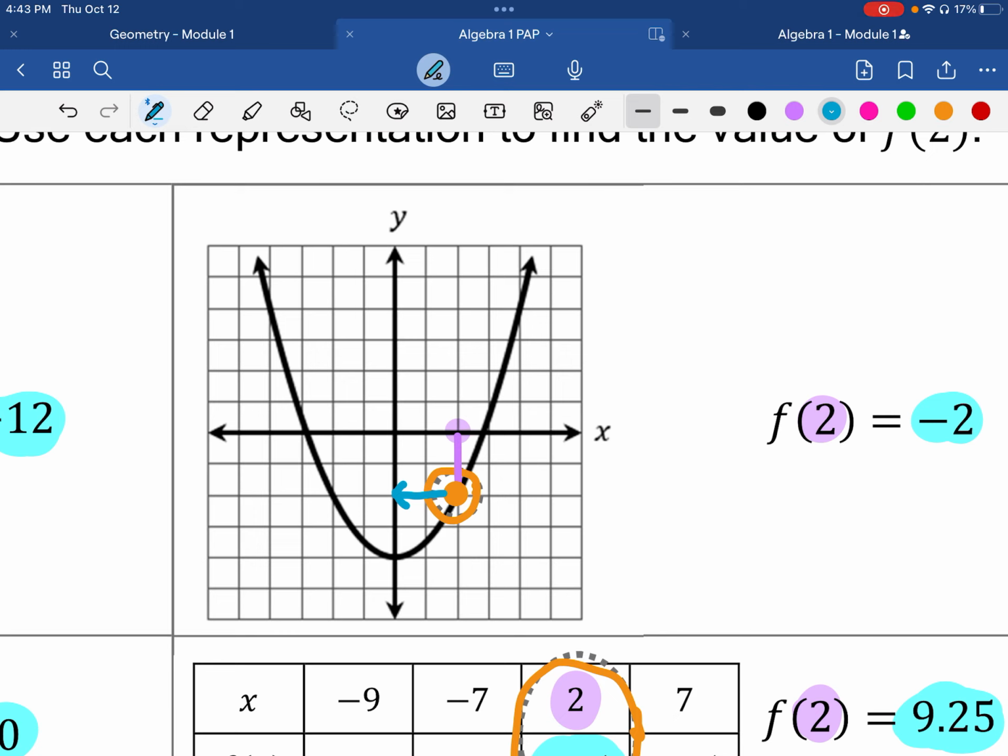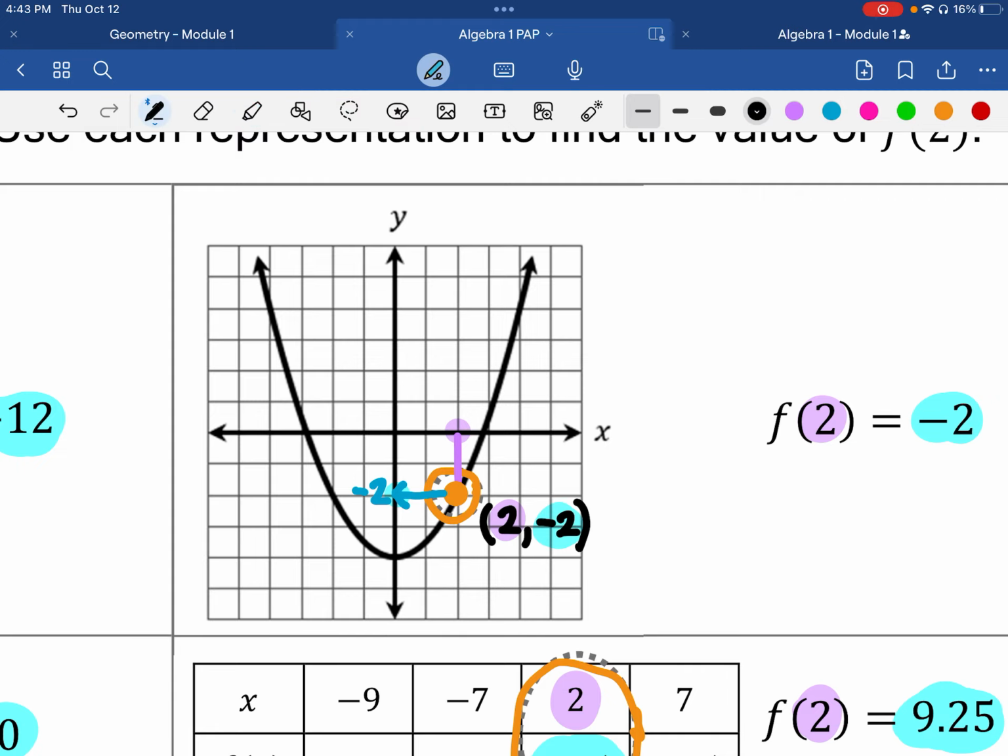And this number right here is my answer. It is the y point of that ordered pair. If I were to look at this right here, it would be 2 comma negative 2, and when x is 2, my answer would be negative 2, right?